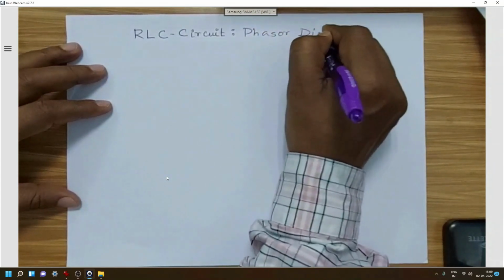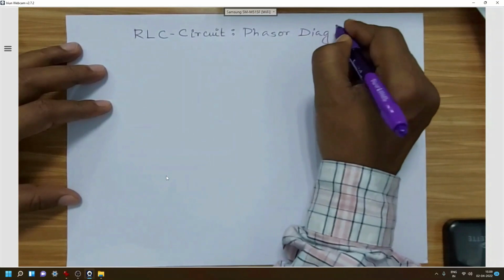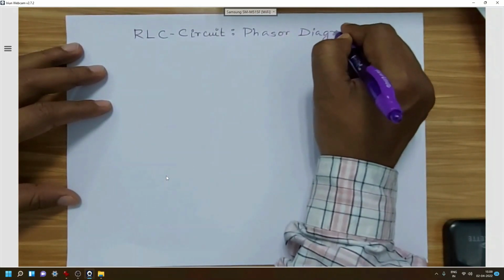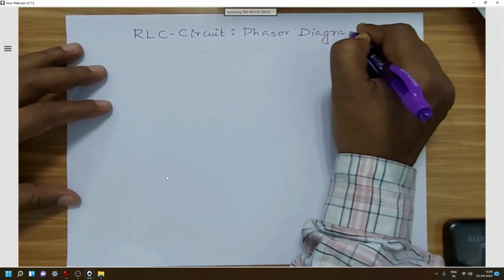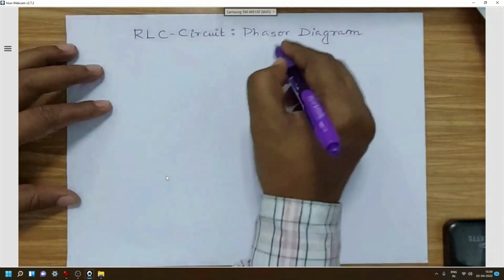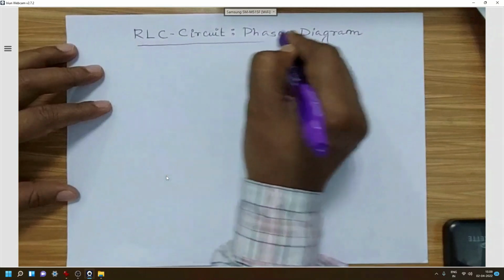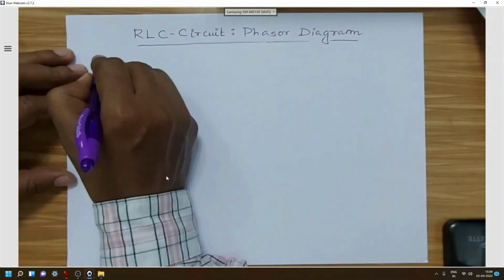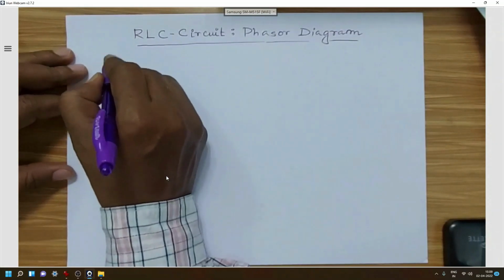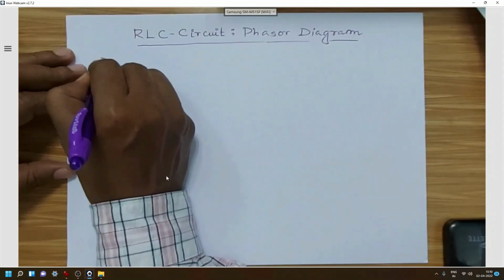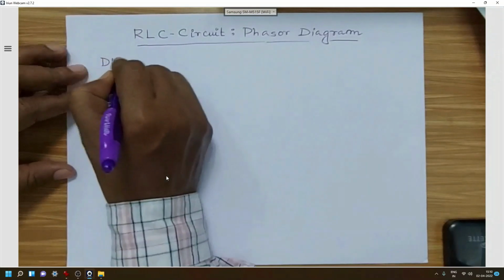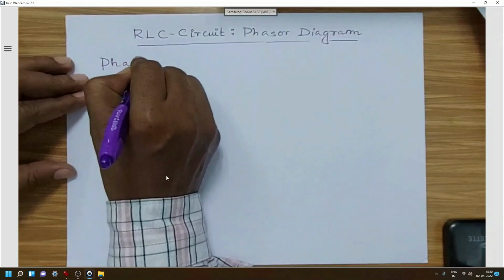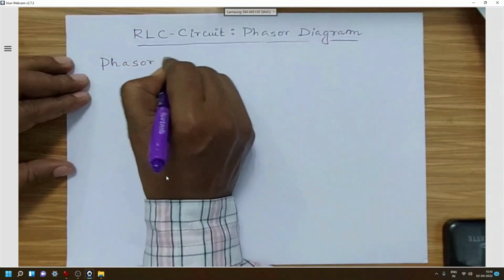Before going to discuss about the Phasor diagram of RLC circuit, let us discuss the basics of Phasor diagram. If we want to understand the Phasor diagram of RLC circuit, we should know what is a Phasor diagram. So what is a Phasor diagram?